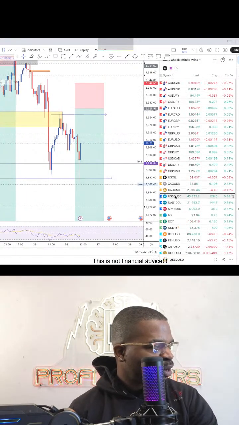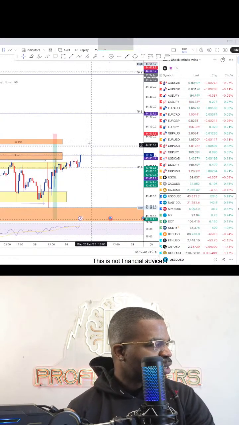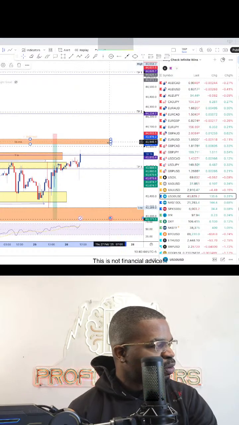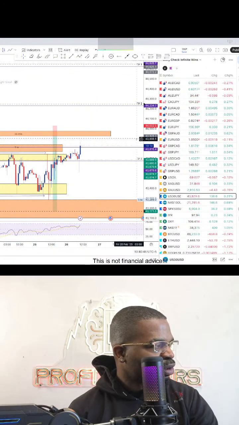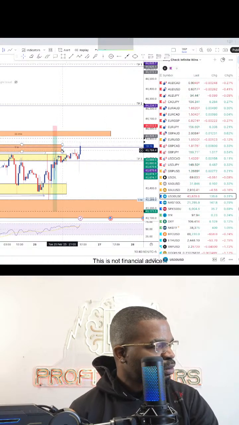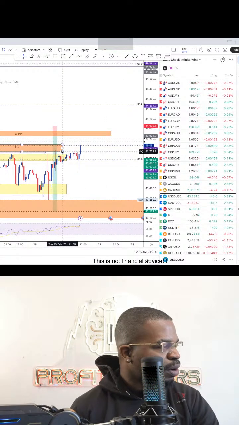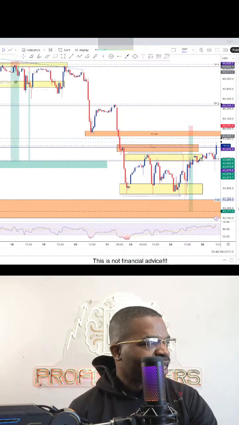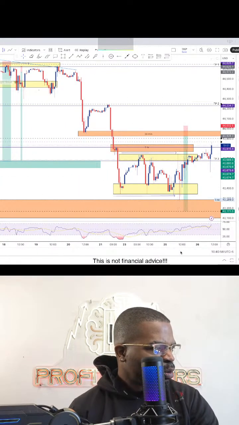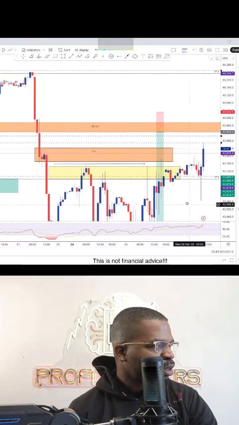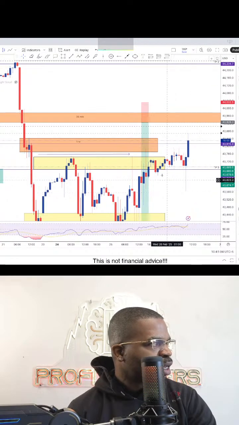Now we got some pullbacks going on right now in the market. All right, cool. This is another level we wanted to see retested on US 30 so we could take another entry from it. I saw this entry right here, and we originally had that sell limit order here. What did I notice? Yeah, this level above.